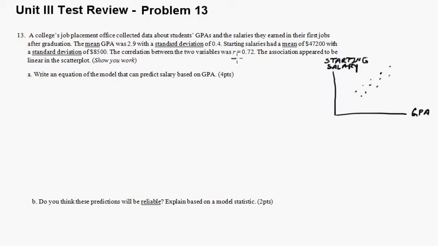And they tell us that r is 0.72. So it looks like a moderately strong relationship, and it's positive. That's about all we know. Now, the data is not available to us, so to speak. These are columns. If this was our calculator, this is L1, this is L2.